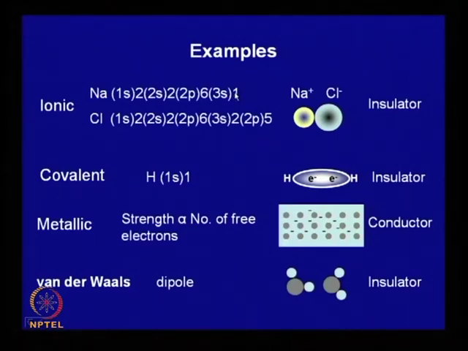When this electron goes out, the sodium becomes positively charged, and when chlorine gets this extra electron, it becomes negatively charged and they join together. And the force of attraction is primarily electrostatic in nature. And here these electrons are not free to move, therefore, these have insulating property, they are bad conductors as such.